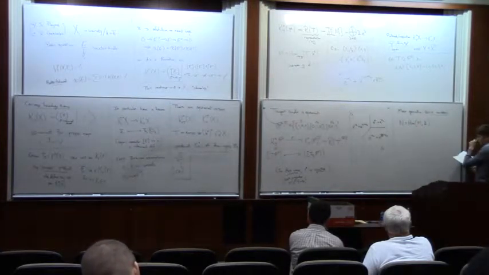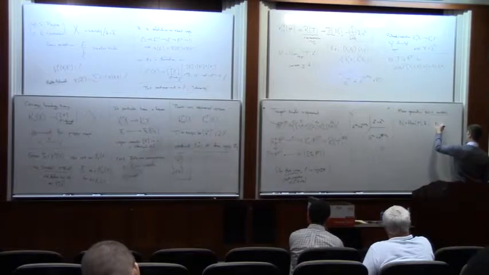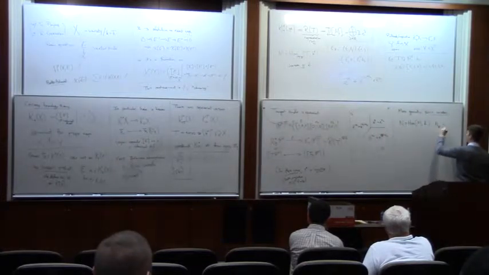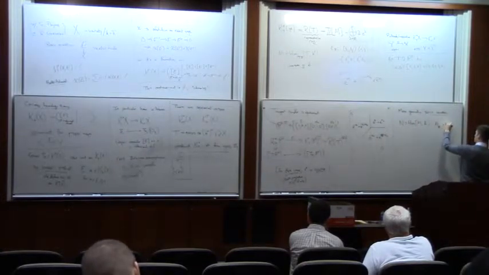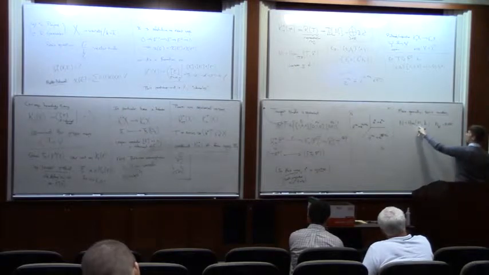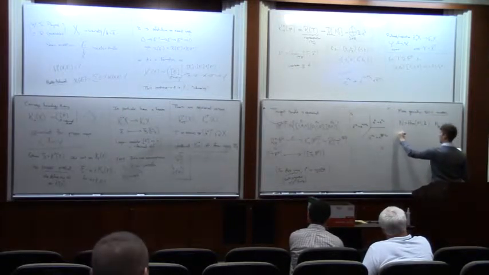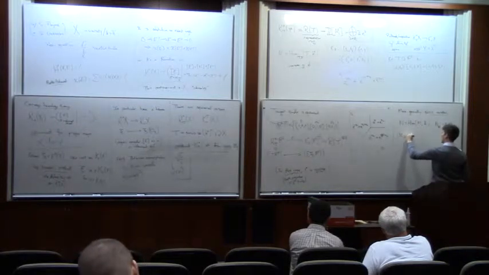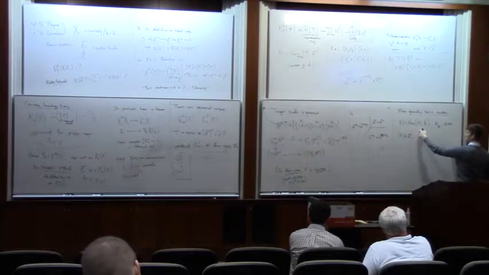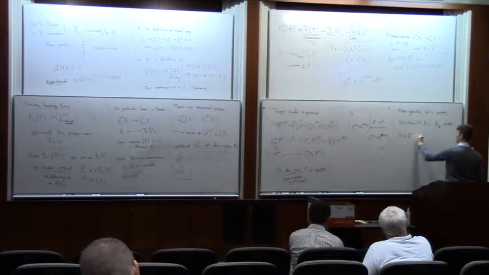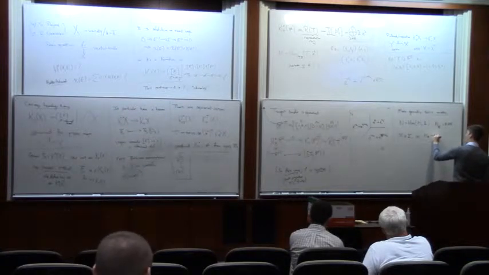So this is the group of one parameter subgroups of the torus. And I'll always write N sub R to be N tensor R. And of course, if M is just Z to the n, I guess I didn't say this before, M is isomorphic to Z to the n, and so its dual is also isomorphic to Z to the n. And so in particular, N R is isomorphic to R^n.